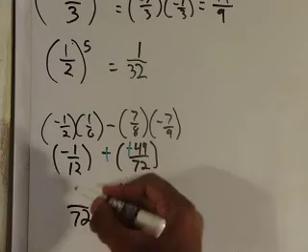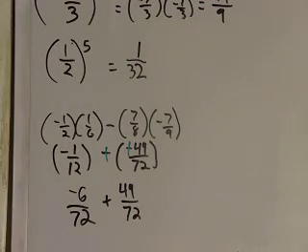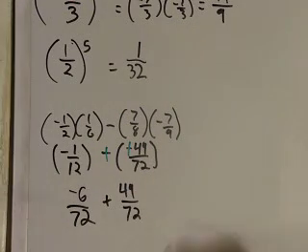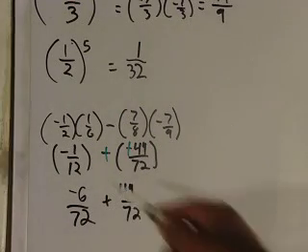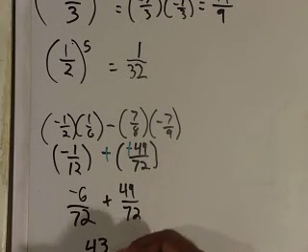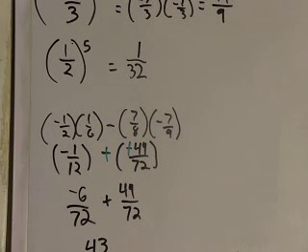So what's negative 1 times 6? Negative 6. So now it's negative 6 plus 49. So how do you add a fraction? Numerator plus numerator. Keep the denominator unless you're reducing. So negative 6 plus 49 is 43. Okay. And then can 43 over 72 reduce? I don't think so, but you can double check it. Okay, so that's how you do that one.